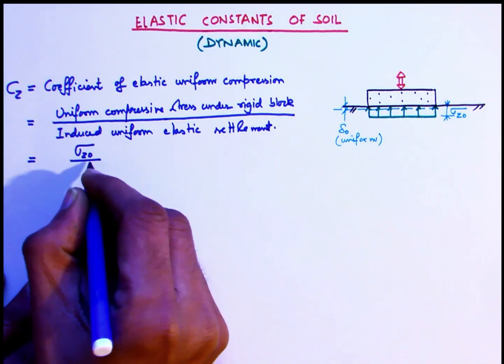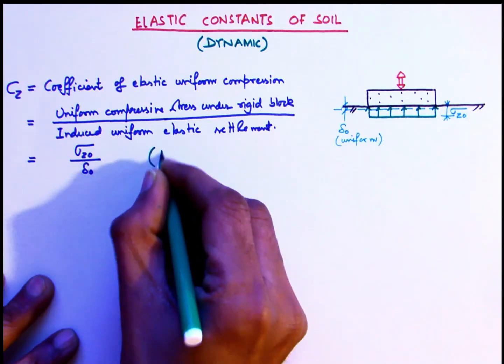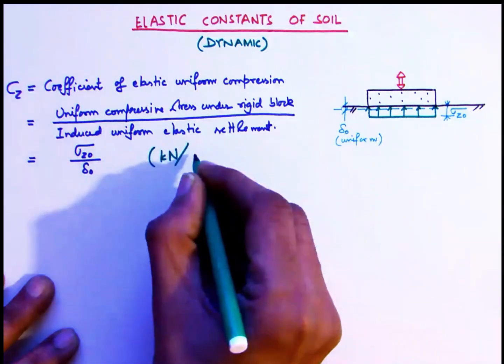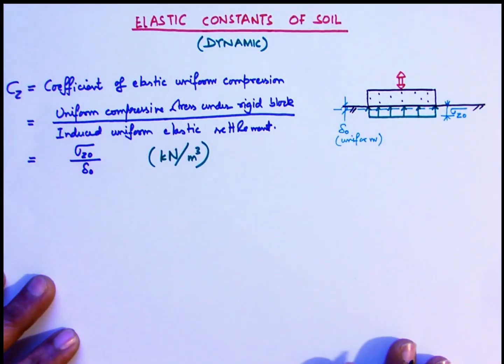So here we just make use of the stress sigma z naught and the corresponding deflection delta naught. The unit of this coefficient shall be kilonewton per meter cube.